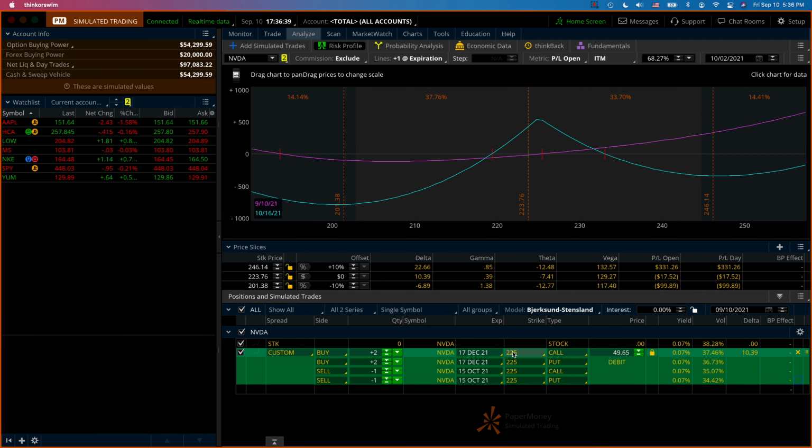The strike price is 225. The stock is trading at 223.72, so it's very close. I'm selling the October 15th and then buying the December the 17th. The price is 49.45. Okay, that looks close.